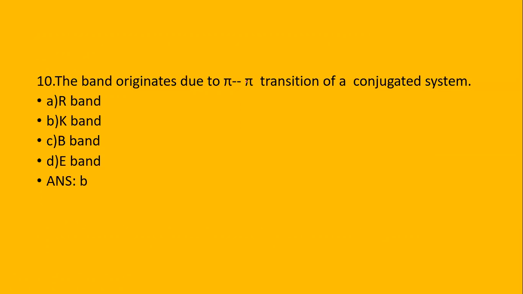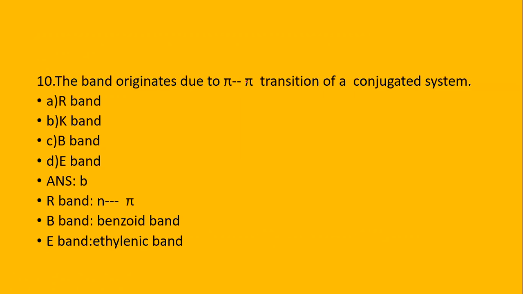Its molar absorptivity is greater than 10,000. It is exhibited by compounds like conjugated diene, triene, polyene, enones, and aromatic rings. Pi to pi transition can occur in conjugated diene, triene, polyene, enones, and aromatic rings.